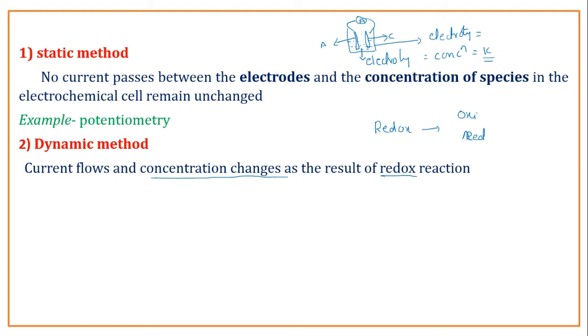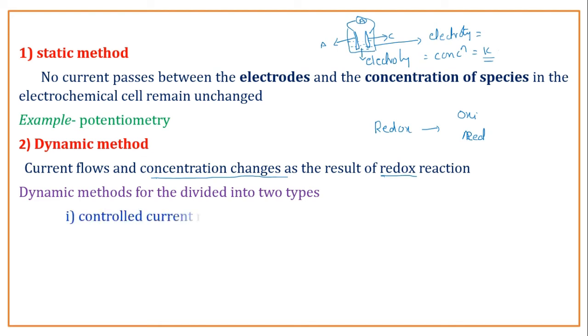Now dynamic methods are again classified into two types: controlled current methods and controlled potential methods. So friends, what is a controlled current method?